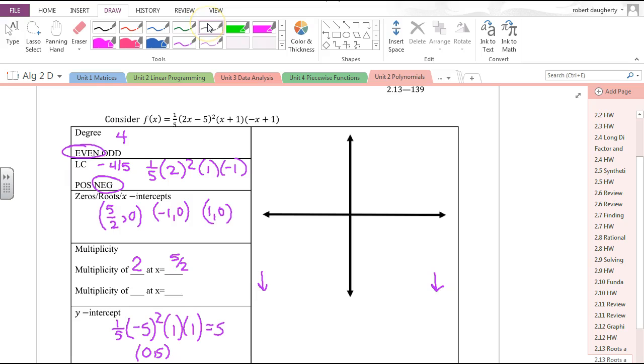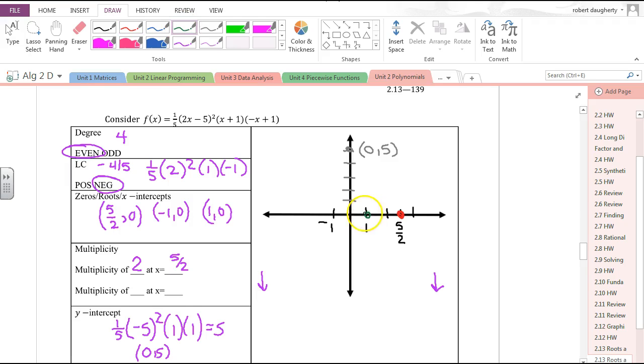So 1, 2, 3, 4, 5. So that's 0, 5. That is my y-intercept. On the x-axis, negative 1, positive 1, and 5/2. So I know that there's a multiplicity of 2 at 5/2. Do not cross the axis here.